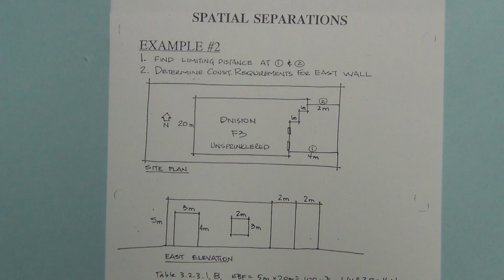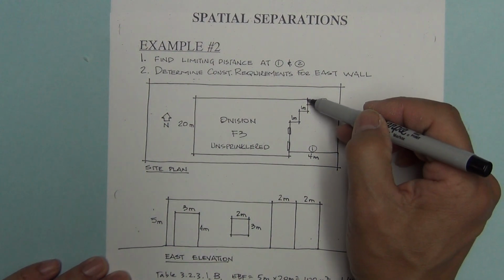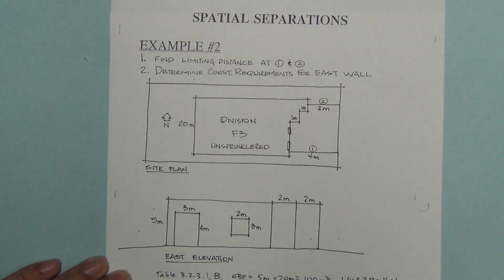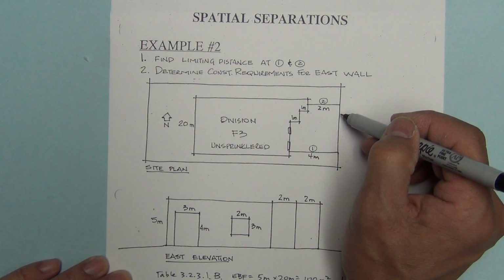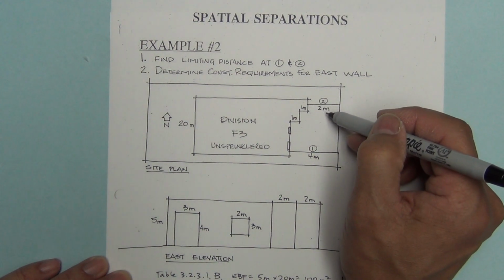The east wall is this entire face. And so the construction requirements is actually based on the closest portion of the building to the property line, in which case it's 2 meters away.